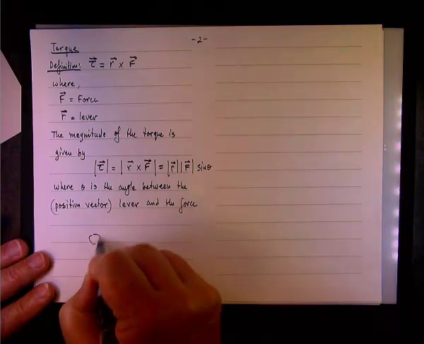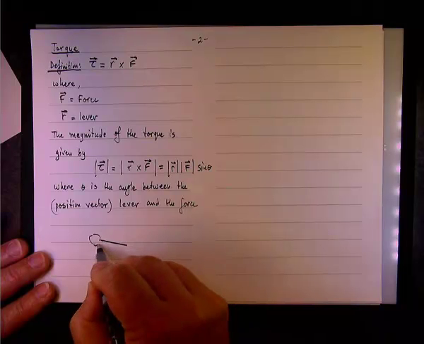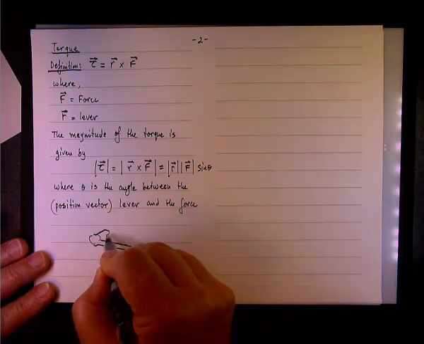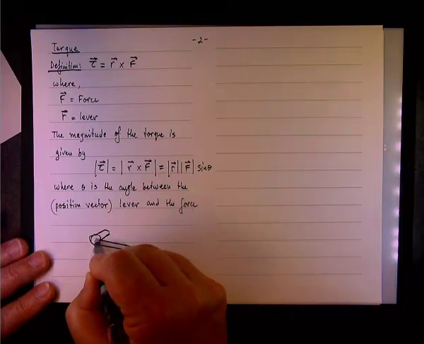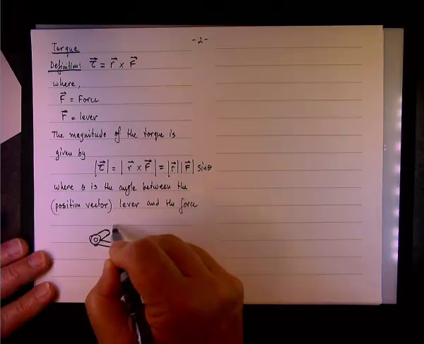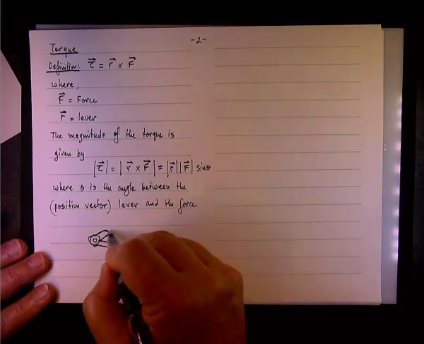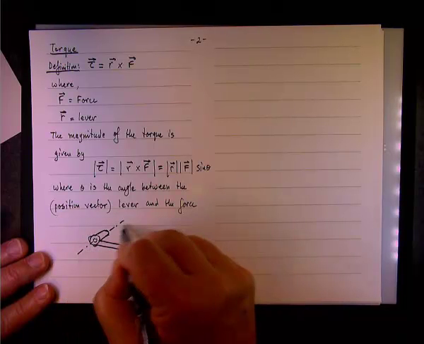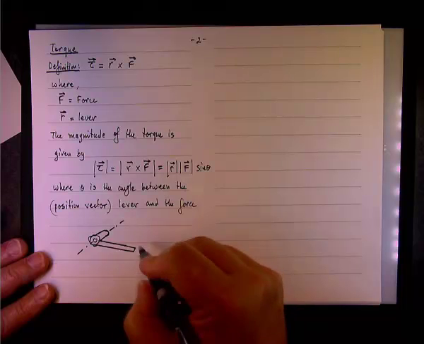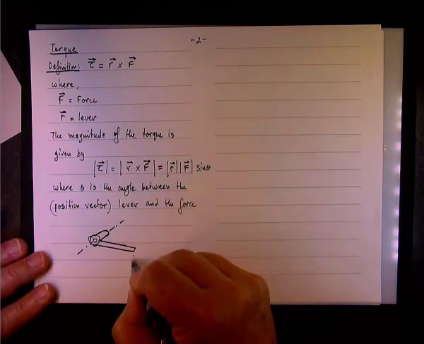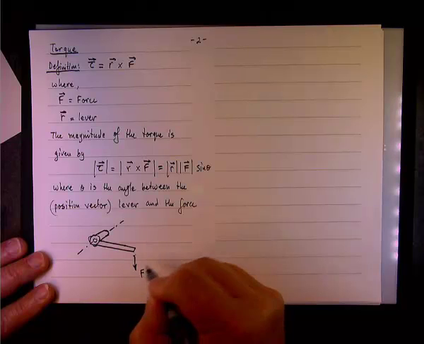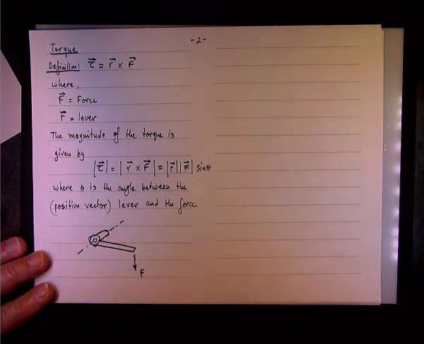So if, for instance, we have some kind of a ratchet or a tool, like so, and here we have a socket and we are trying to torque a lug nut or anything, what we do is cause rotation about this axis, right? So we apply a force, let's say in this direction, like so.